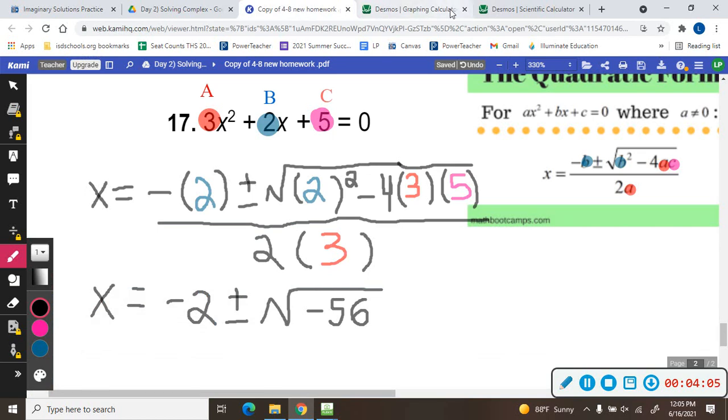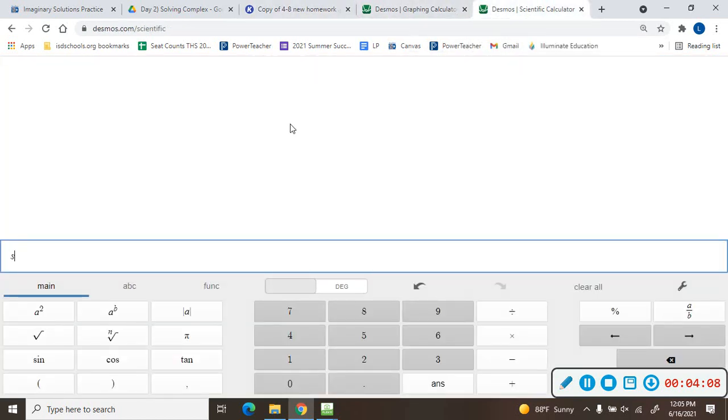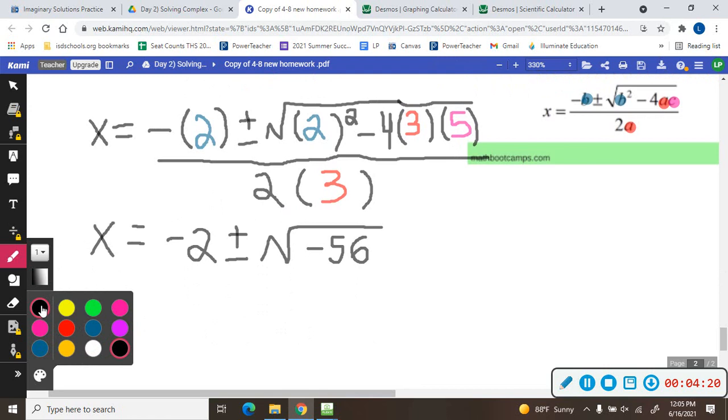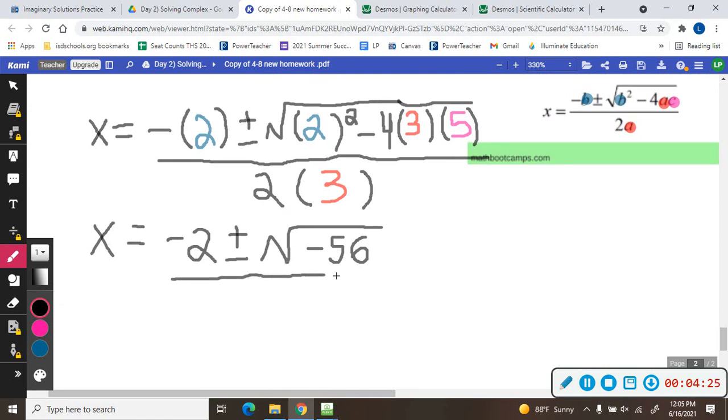So what is 2 squared minus 4 times 3 times 5? That is negative 56. And then simplifying some more, 2 times 3. Hopefully you don't need a calculator for that one. 2 times 3 is 6.